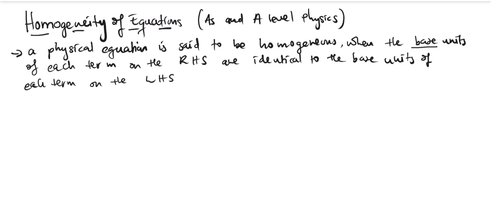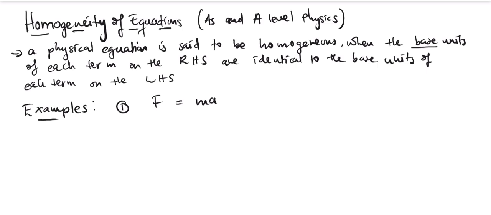So I'm just going to give you an example of how you can show that an equation is homogeneous. For instance, let's say we have F equals ma. This is Newton's second law, right? You want to show that this equation is homogeneous.